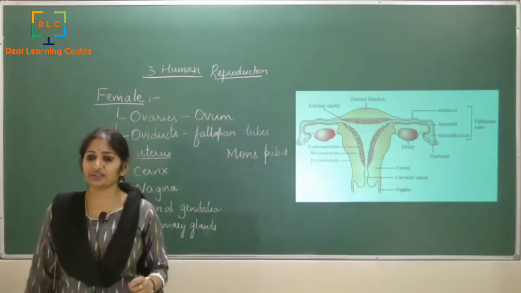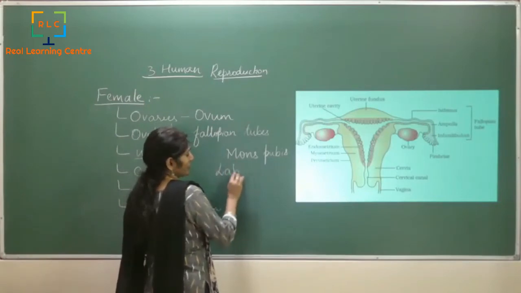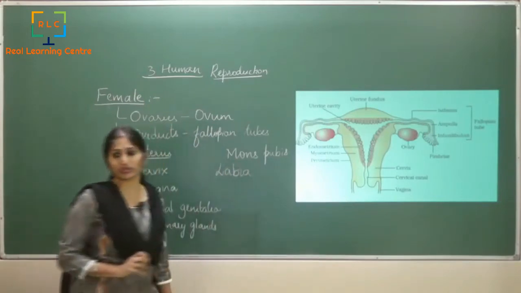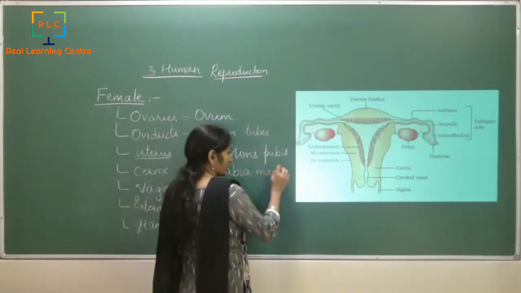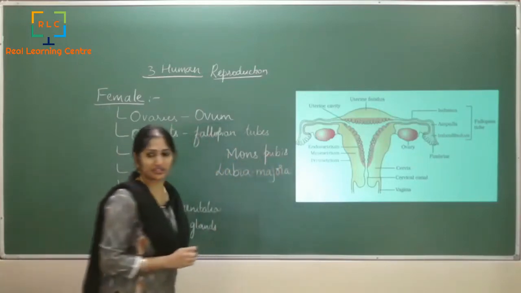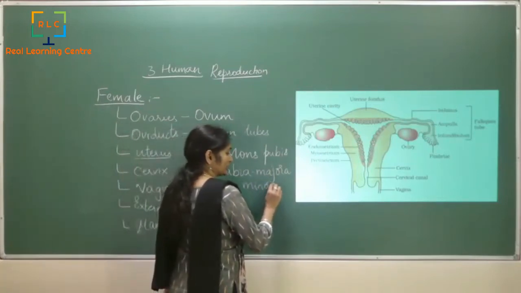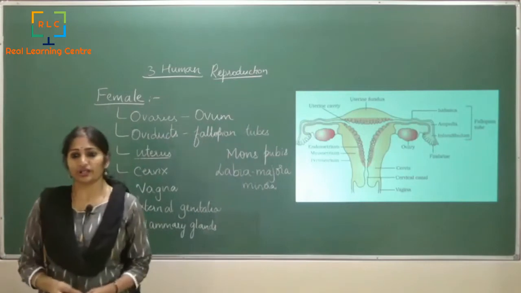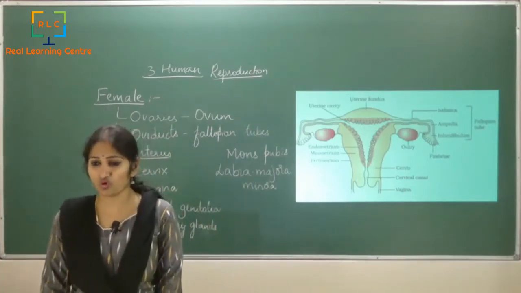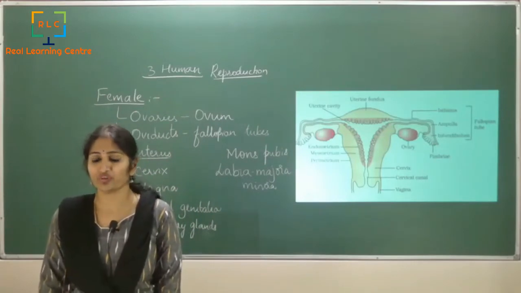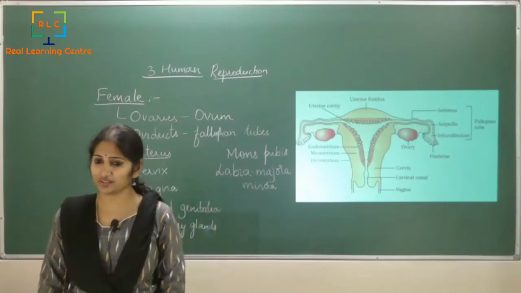Then come the folds which are called the labia. There are two of them here. One which is quite thicker, which is called the labia majora, and then we have the labia minora. Then inside these folds of the labia minora, we see the vagina, which is covered by the hymen.